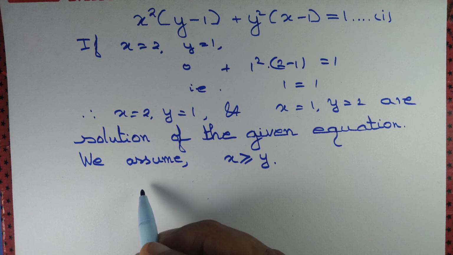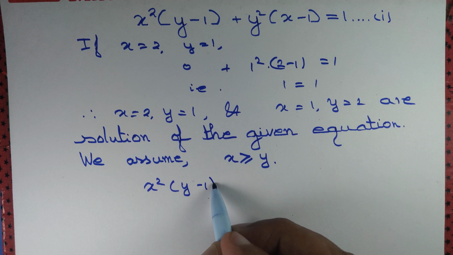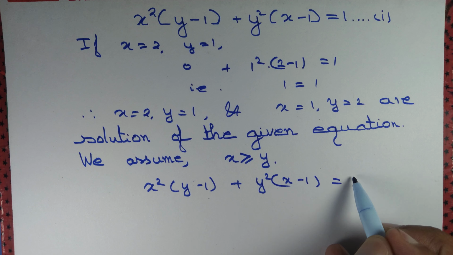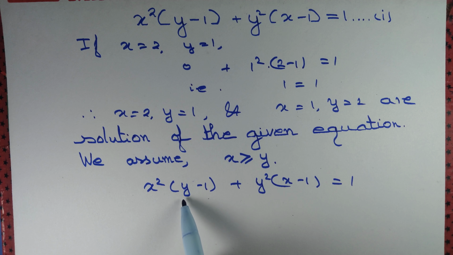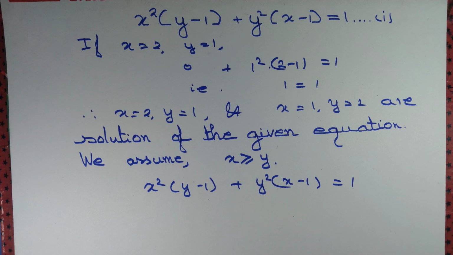Next, we write equation 1 once again: x squared times (y minus 1) plus y squared times (x minus 1) equal to 1. You see that we have x minus 1 and here we have y minus 1.